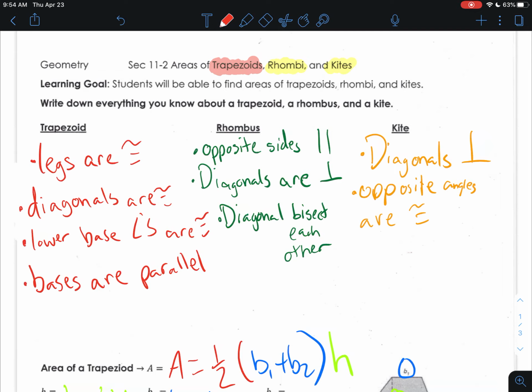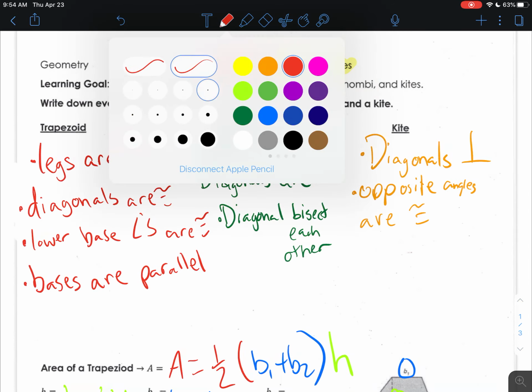All right, and let's talk about how we find the area.